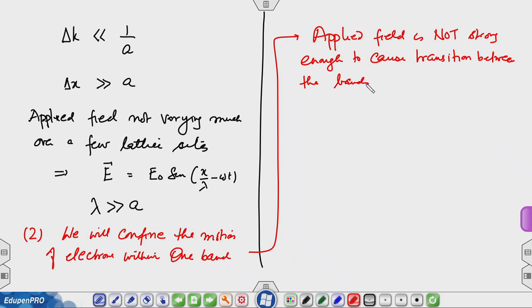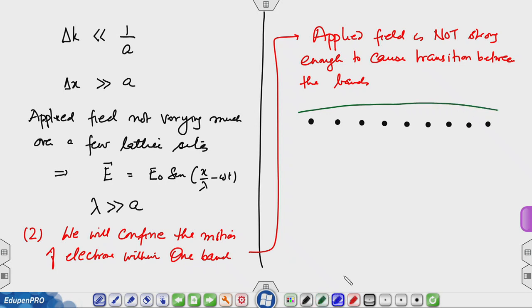So, what we are talking about is that if I have a lattice, I have an applied field which hardly varies over the lattice size.